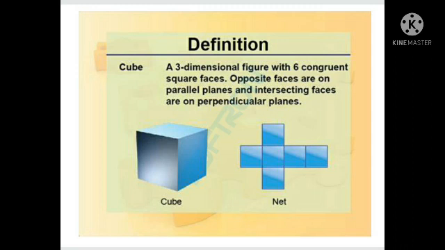In the picture given below, there are a total of 6 squares, and these 6 square units combine together to form the cube on your left-hand side. So 6 same squares combine together to form a cube.